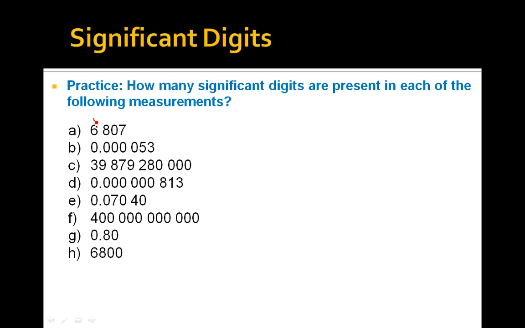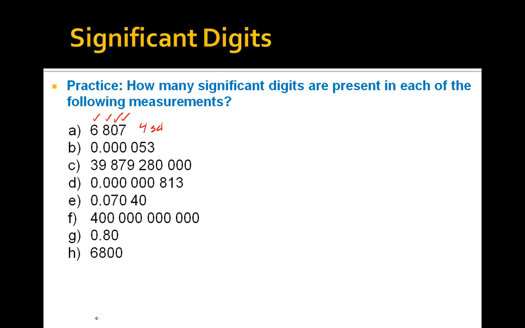So for example, here I've got 6, 8, 7 are significant. I got a 0 sandwiched in between. So sandwich rule applies, 4 significant digits. So I'd like you to try the rest of these and see how you do. You should pause the video at this point, try these out, and then check the answers in the next sequence.